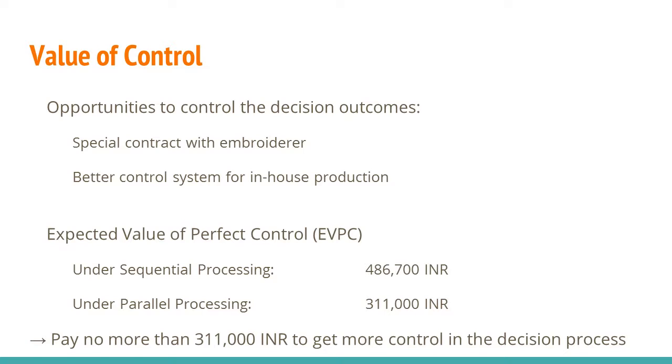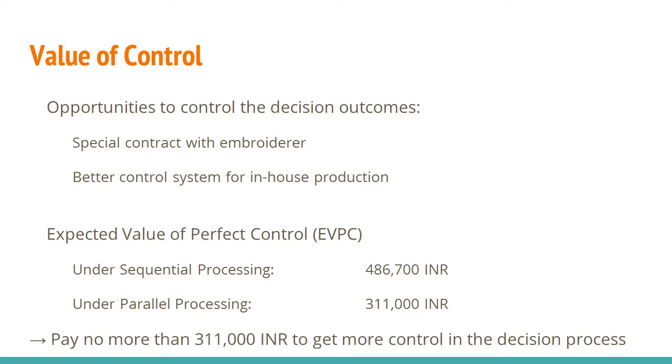Also, he could control the system for in-house production. The expected value of perfect control, EVPC, under sequential processing comes up to 486,700 Indian rupees. Under parallel processing, the EVPC comes up to 311,000 Indian rupees.